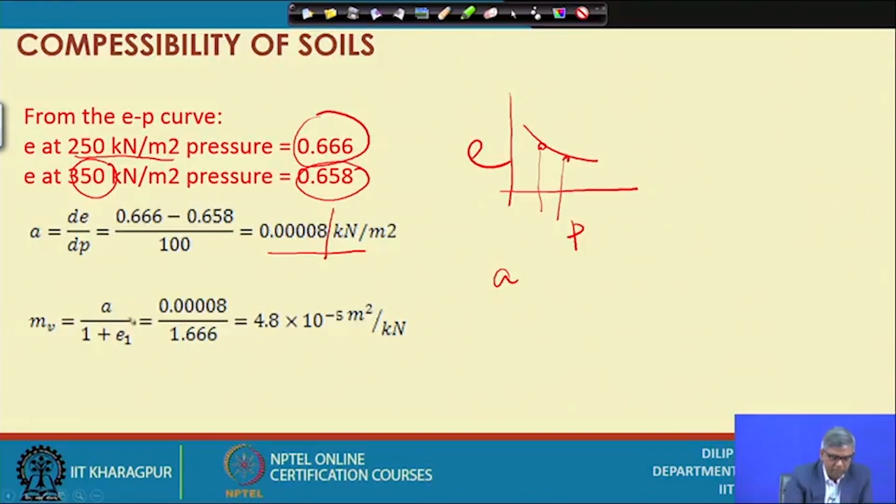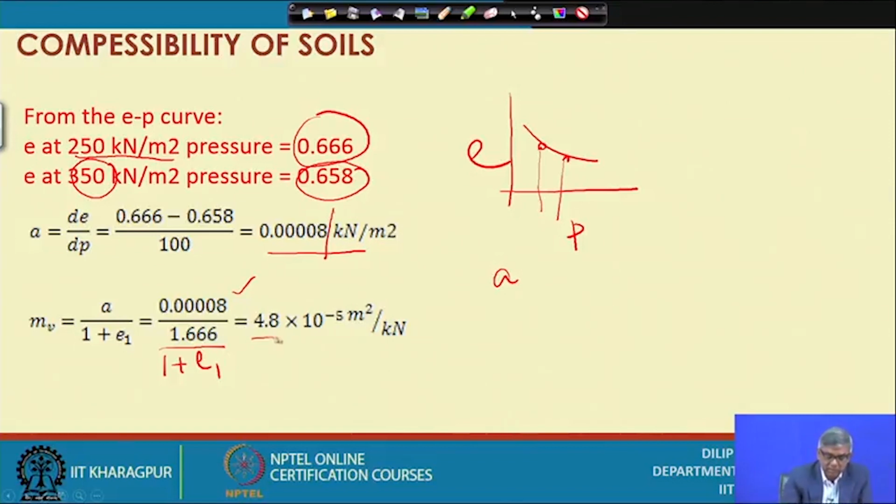Then mv equals a by 1 plus e1, the expression we derived in the last class. The value of a is this, and 1 plus e1 is 1.666, since e1 is 0.666.